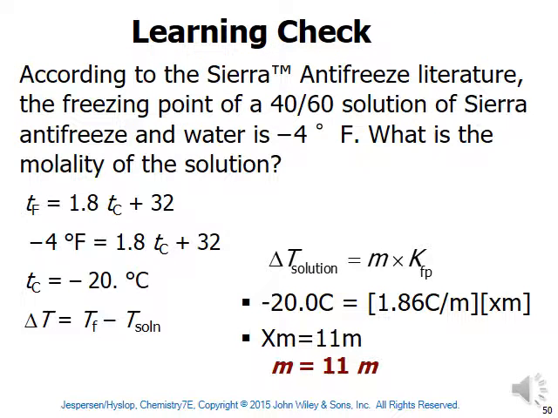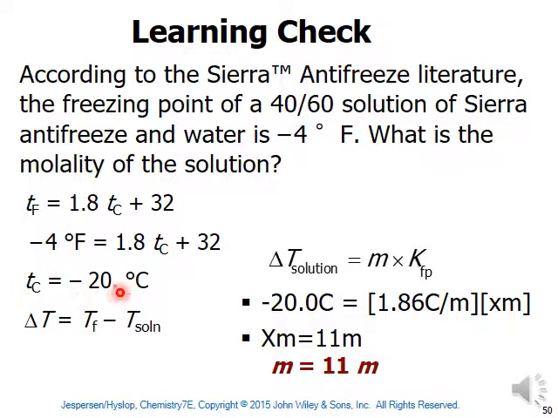All right, next problem here. So Sierra antifreeze literature, freezing point of a 40-60 solution of Sierra antifreeze in water is negative 44 degrees Fahrenheit. What is the molality of the solution? Okay, first thing is that our formula, K, is going to be in terms of Celsius. So we have to change to Celsius.